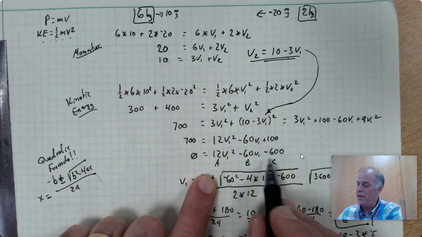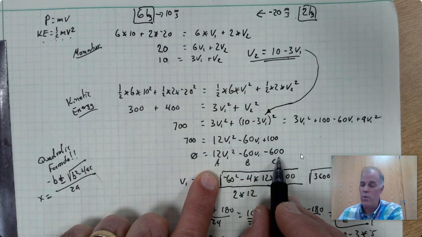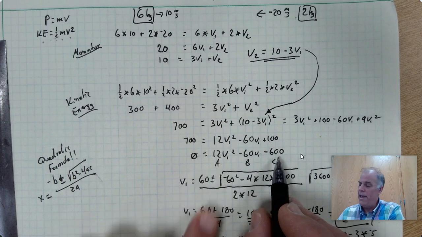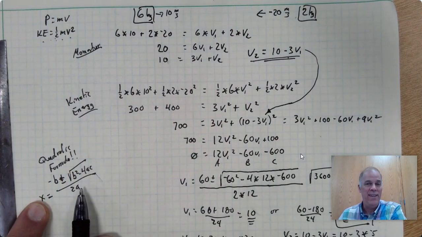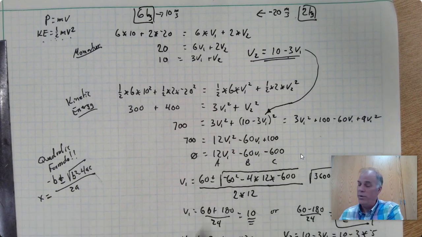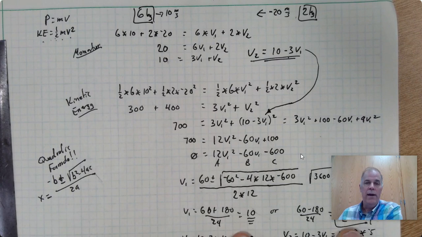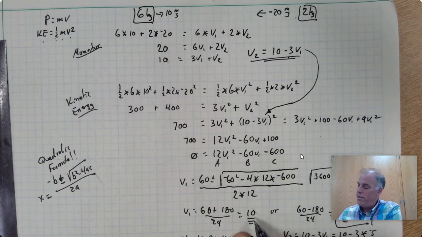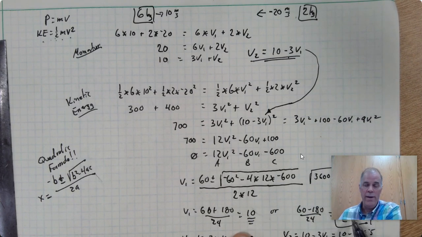Now, when it boils down, we get a quadratic equation, and then we use our quadratic formula, yay. And when we work it all out, we wind up with two answers for V1. As you know, the quadratic formula always yields two answers. This one comes down to either 10 for V1 or -5 for V1.